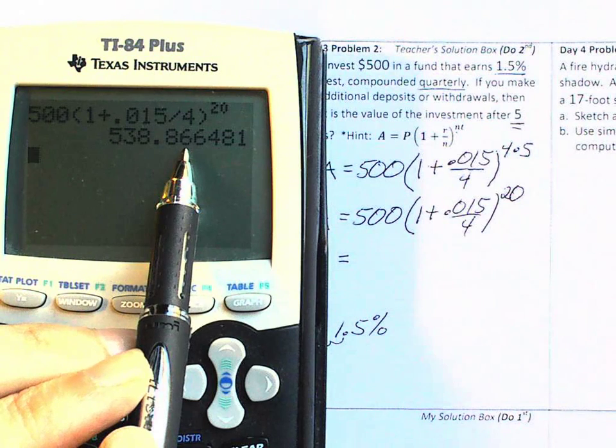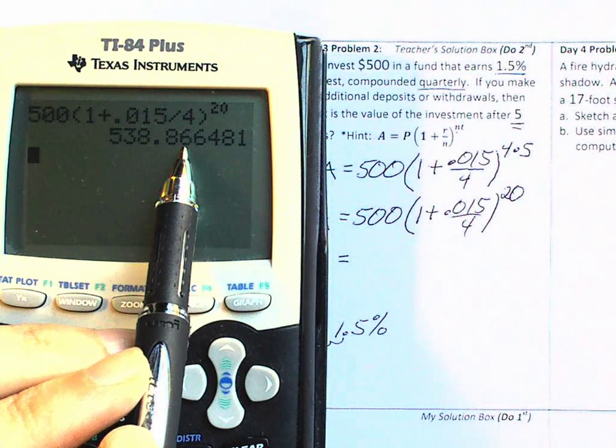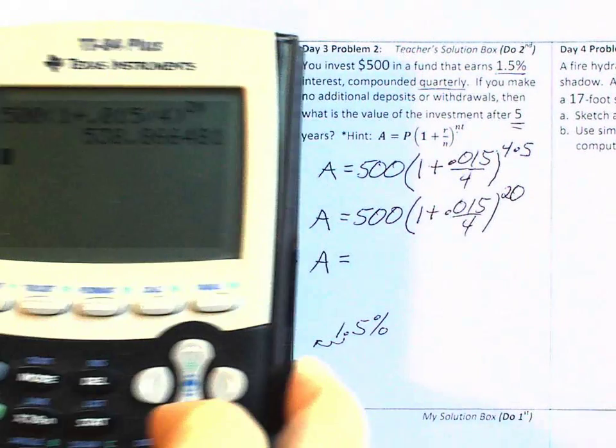We want to round to this position, so we look at the next digit over. That is 5 or higher, and so that will round up to a 7. So $538.87.